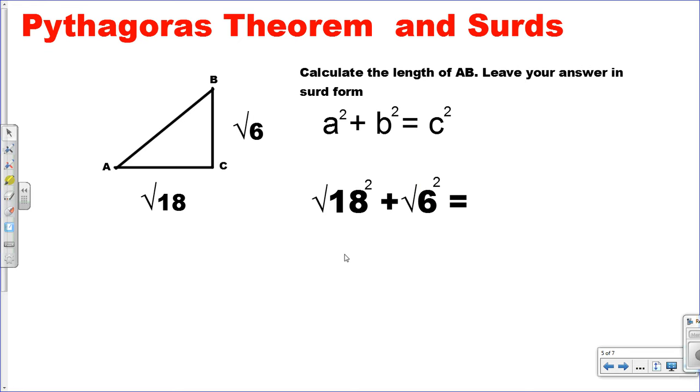So let me show you how that makes sense. Imagine we've got square root 5 and we want to square it. Now we know that 5 squared equals 25.